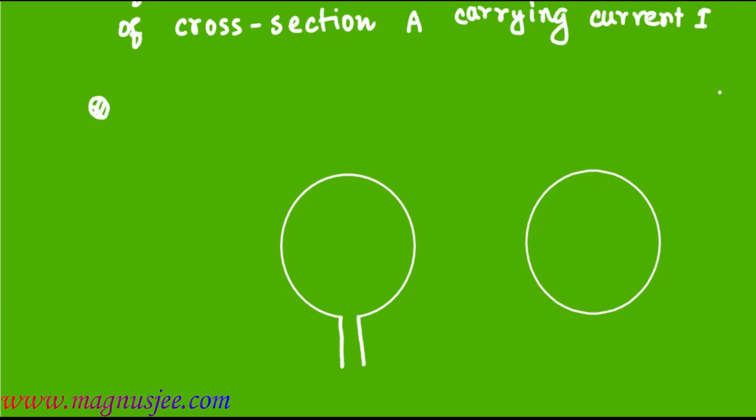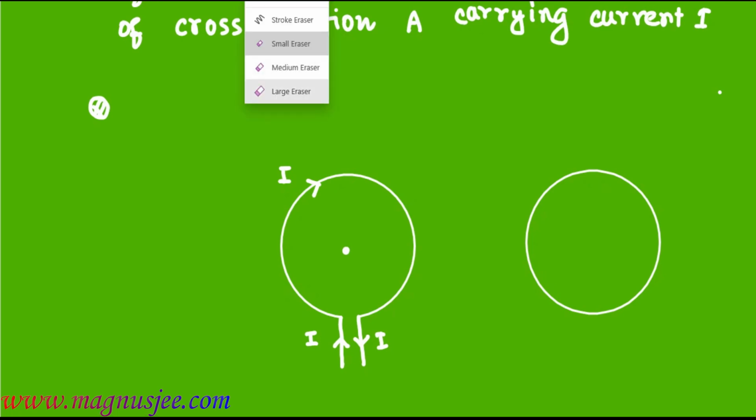Through one wire current flows into the circular coil, and through the other end of the wire the current flows out of the coil. Current flows clockwise, and that face of the coil behaves as a south pole according to the clock rule.